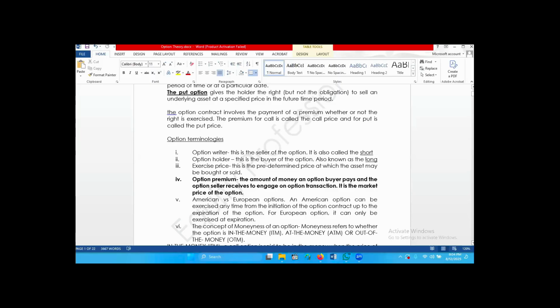All right. We have defined options. We have explained the types of options. We have explained some terminologies associated with option. Our next discussion: American versus European option.